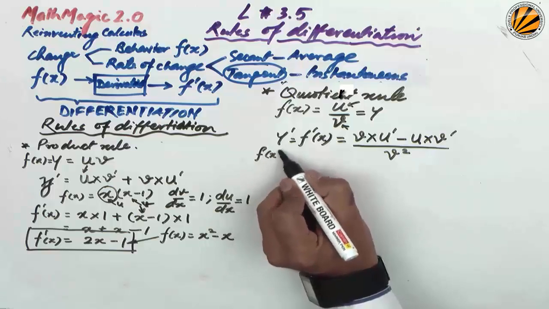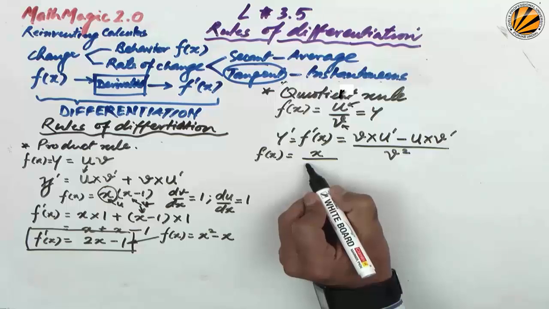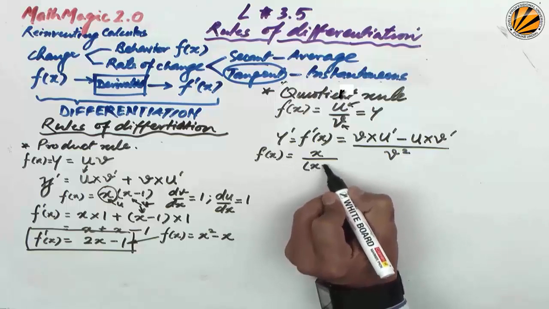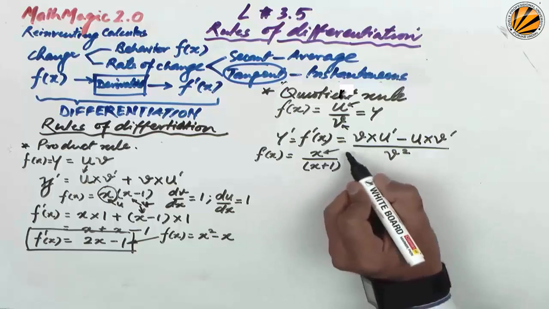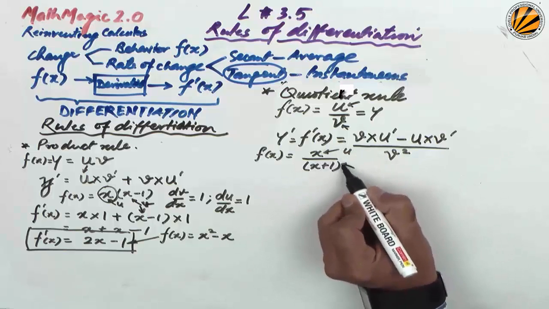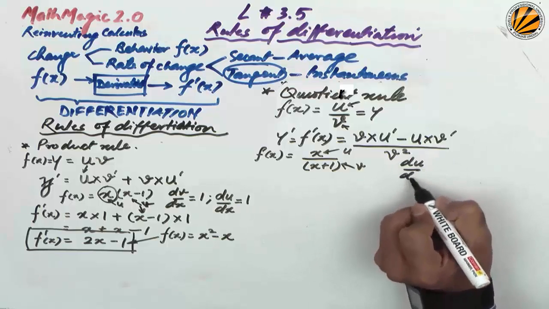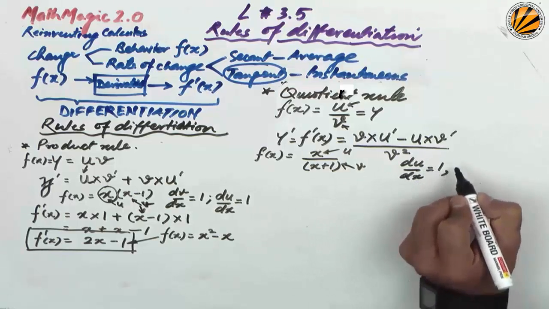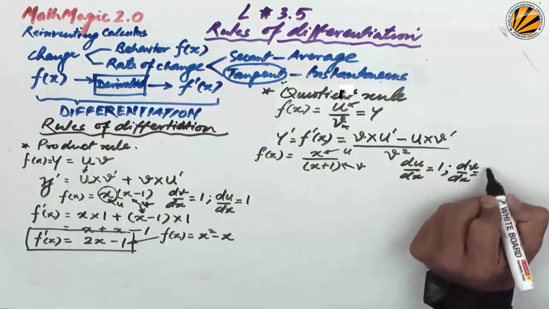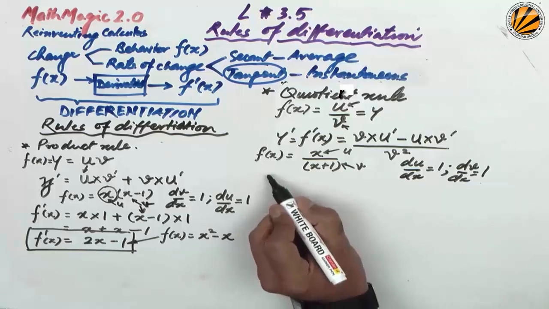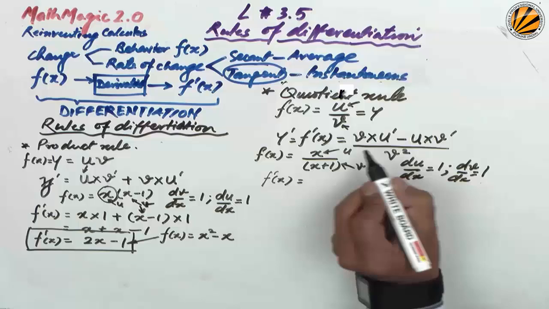Maybe let there be a function which states that it is x divided by x plus 1. So this becomes the numerator, or the u, and this becomes the denominator, or v. We know that du/dx is going to be 1, as well as dv/dx is going to be again 1. So we find the derivative of this function using the quotient rule.